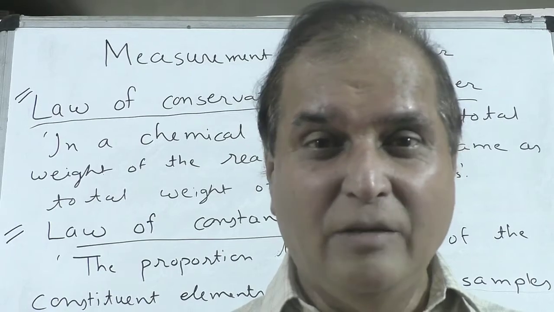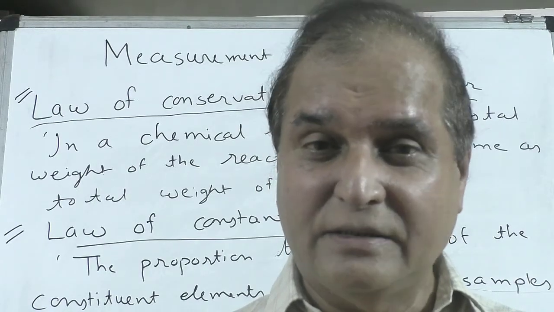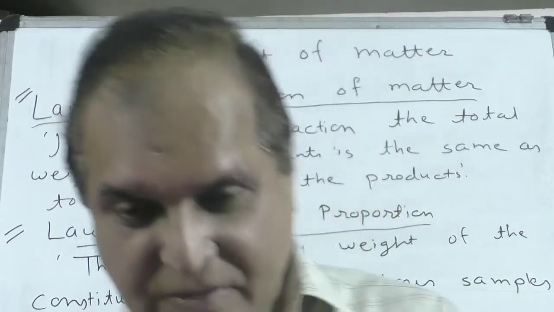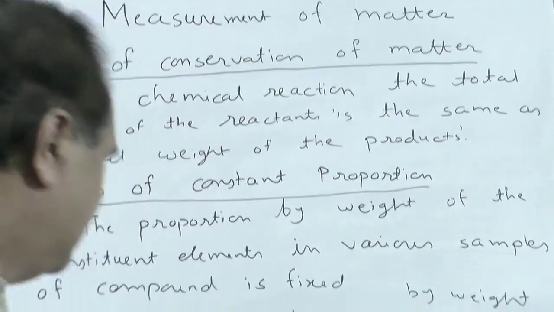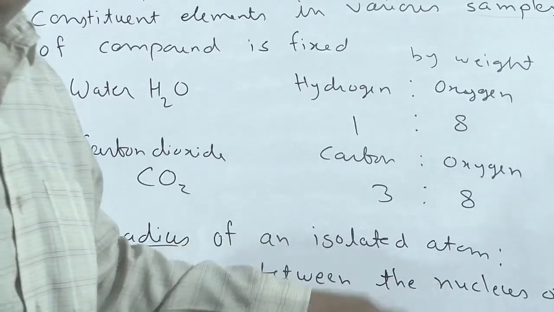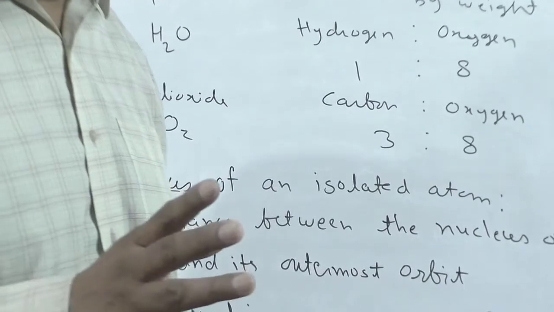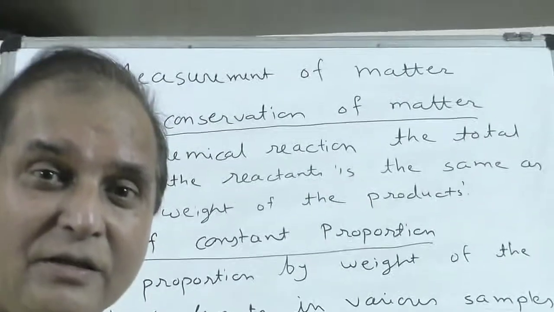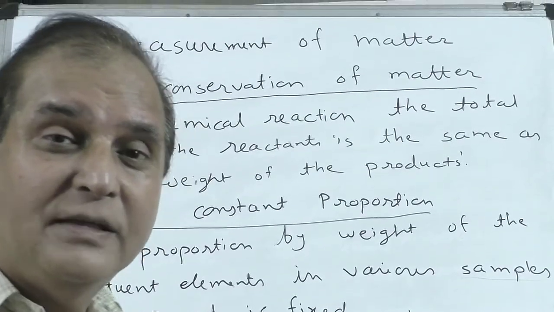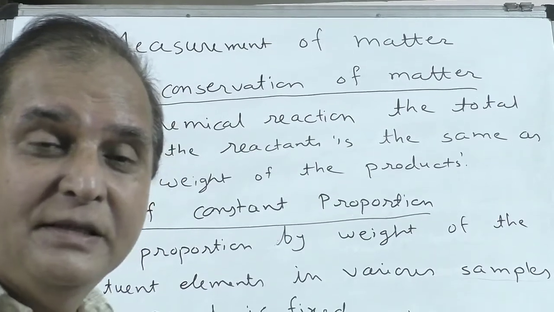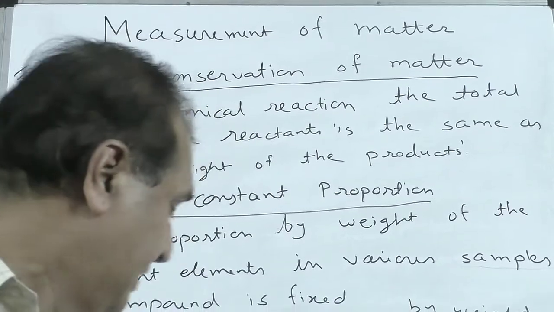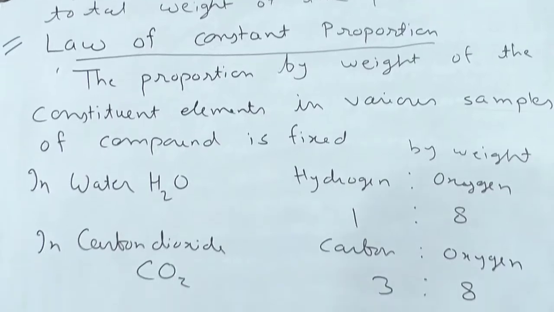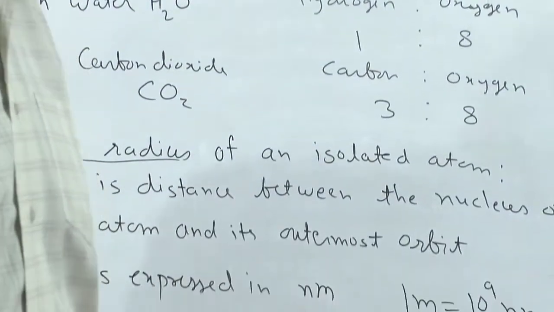Understanding? Neil Bohr, Rutherford, you studied last year. So the atomic radius is defined for an isolated atom. Suppose oxygen, a single oxygen atom, not in O2, because the molecular radius is different. It is the distance between the nucleus of an atom and its outermost orbit.